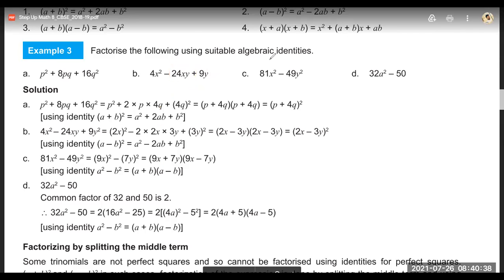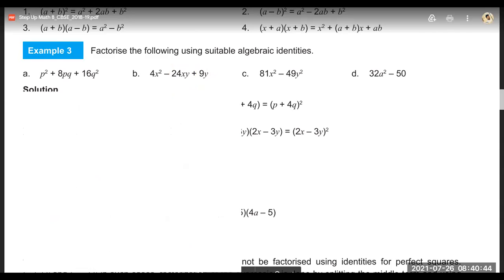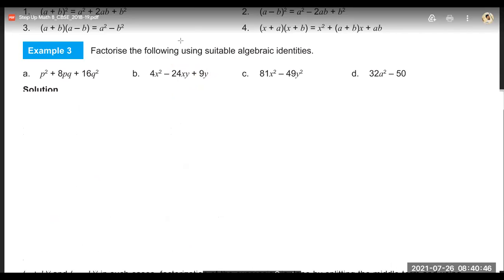Now let's look at the third identity. When we use the third identity, the question given is 81x square minus 49y square.